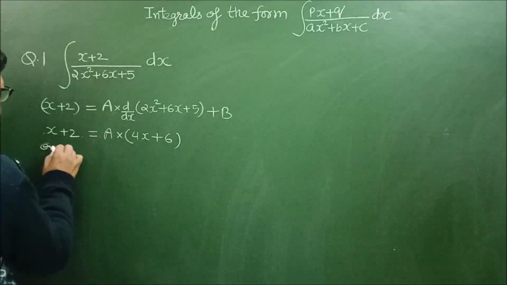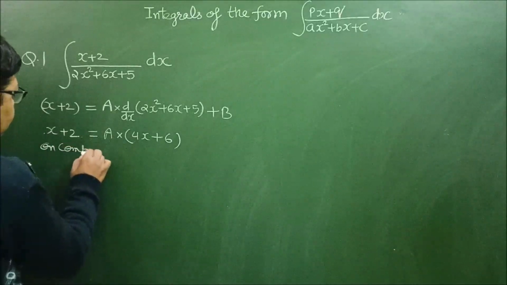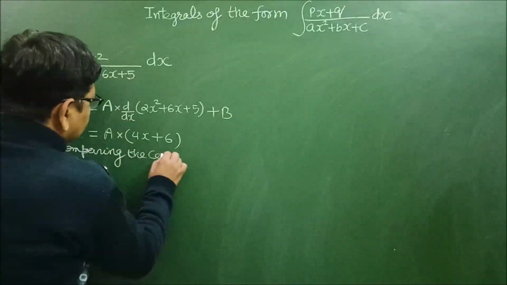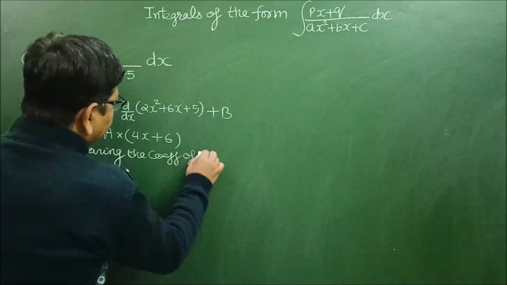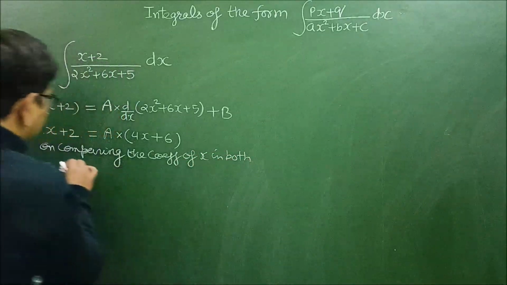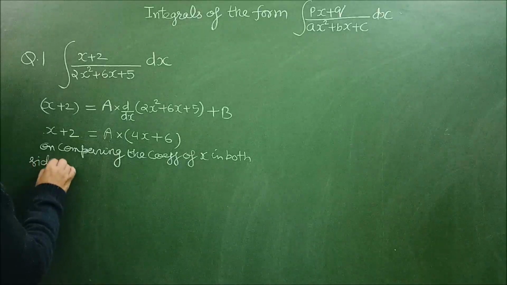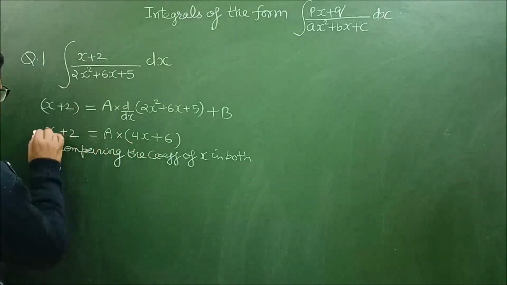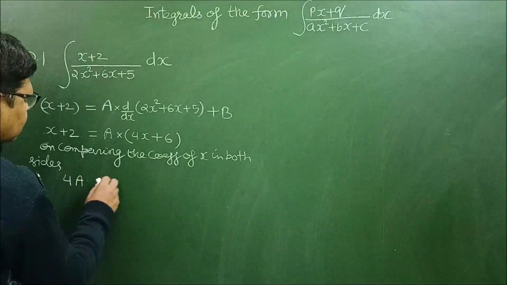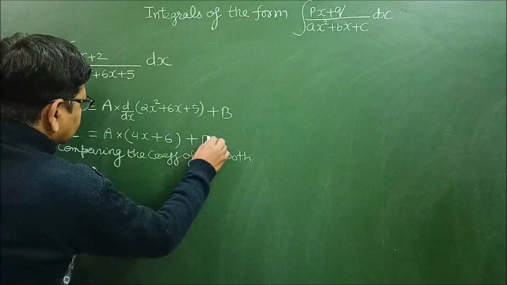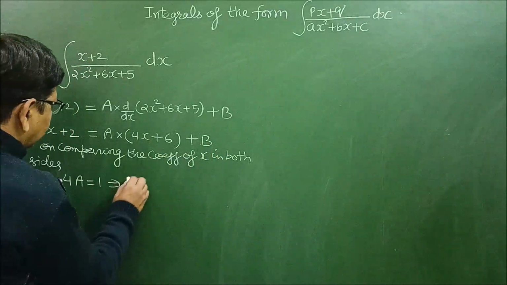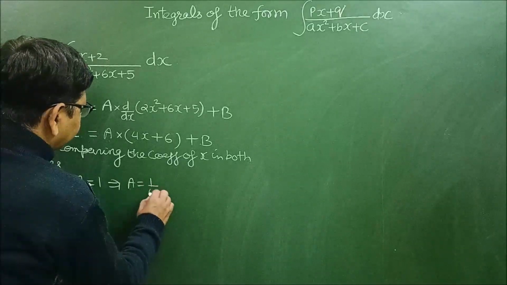So on comparing the coefficients of x in both sides, 4a is equal to 1, that is a is equal to 1 upon 4.